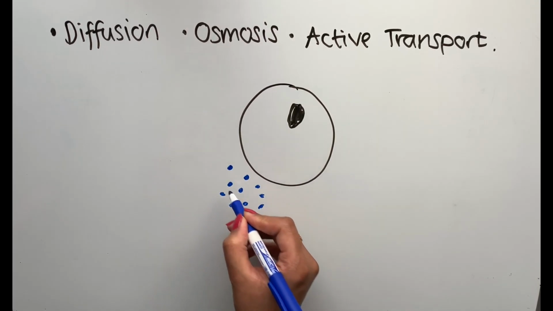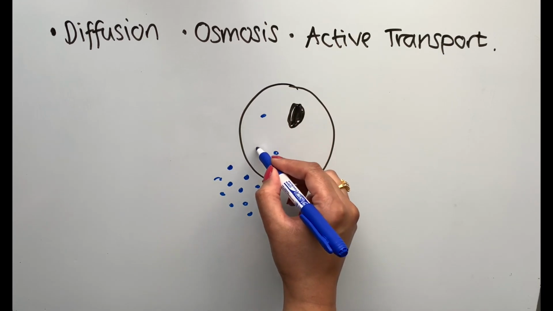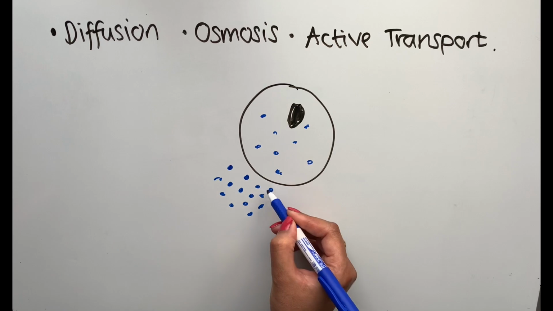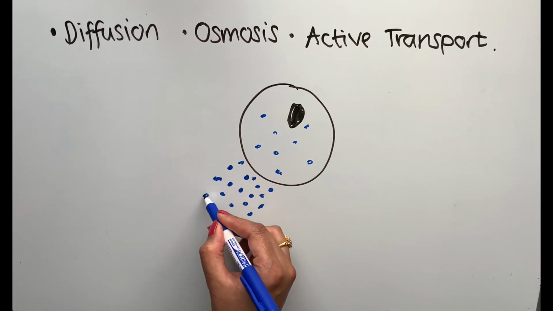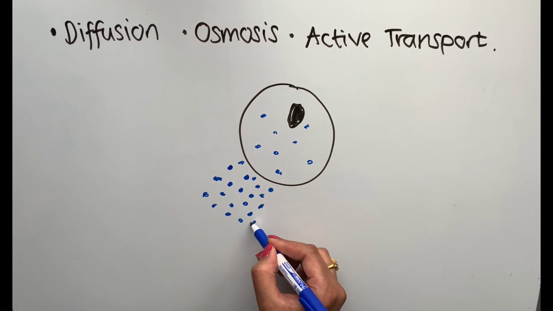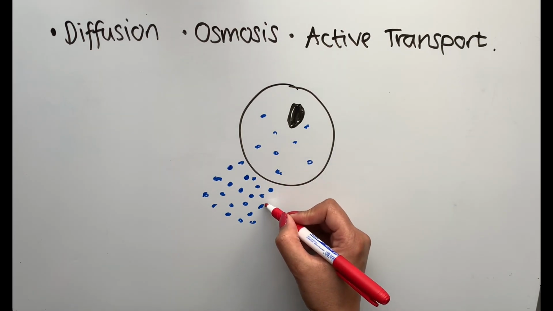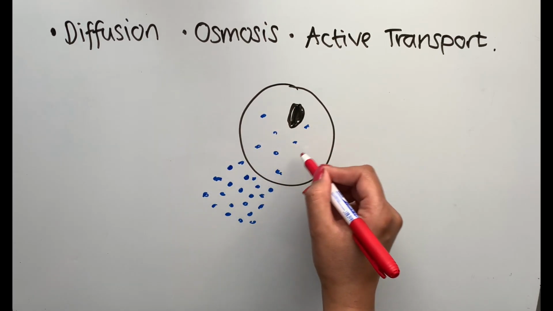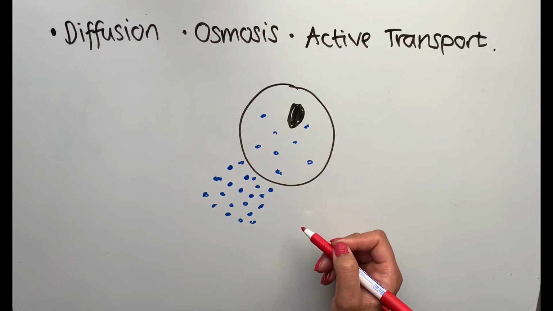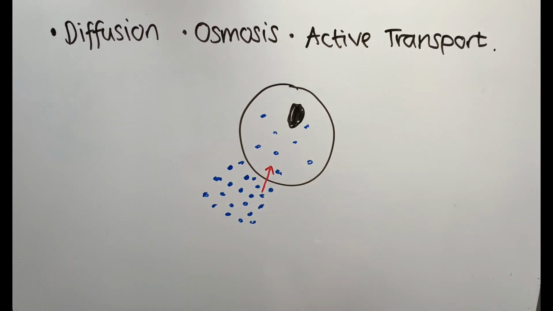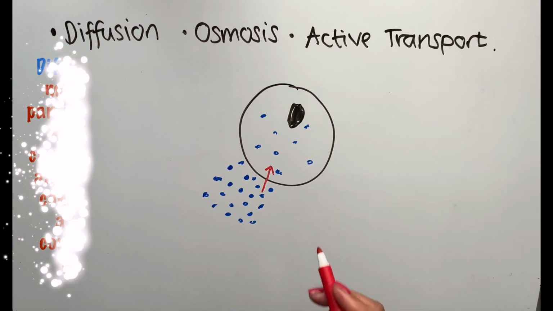And for diffusion, substances would move from an area of high concentration to an area of low concentration across a concentration gradient. What that means is that because we have more particles outside the cell and less concentration of particles inside the cell, the movement of particles here would be from the outside to the inside.